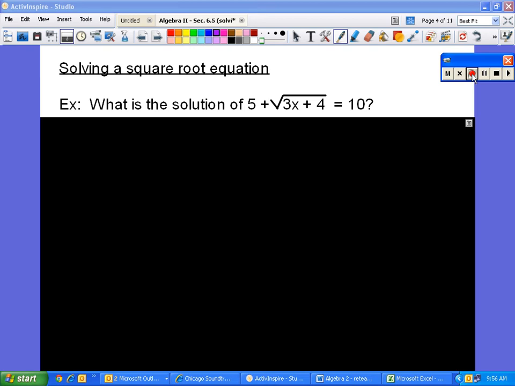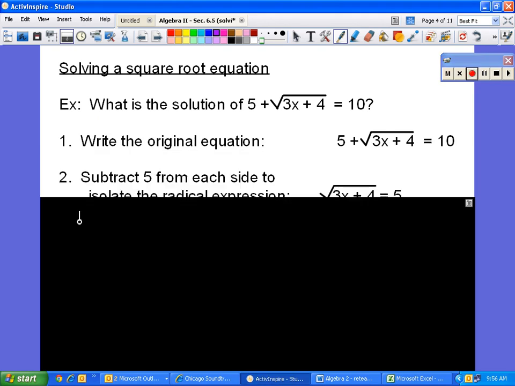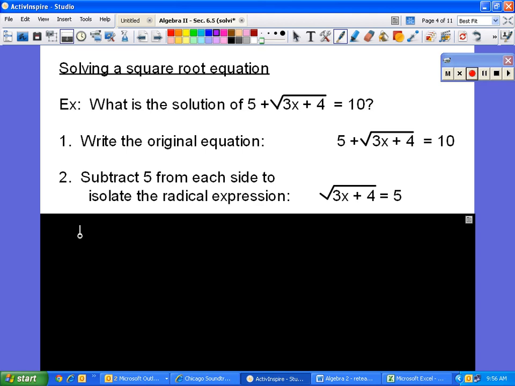My variable is underneath the radical sign. So in order to isolate x, we have to isolate the radical sign. So here in this problem, we have a 5. So we're going to move 5 from the left side of the equation to the right side of the equation by subtracting.